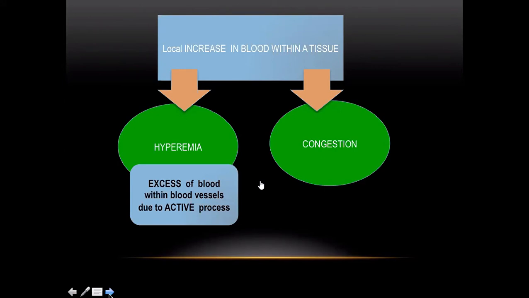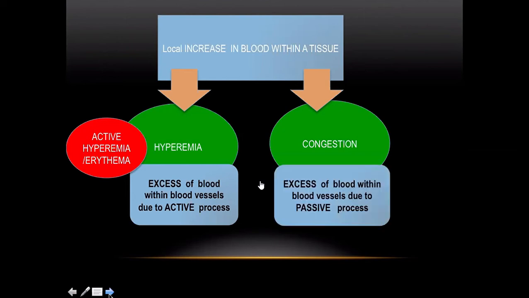When you say hyperemia, this is an excess of blood within blood vessels due to an active process. It is also known as active hyperemia or erythema. Whereas congestion is an excess of blood within blood vessels due to a passive process, also known as passive hyperemia.